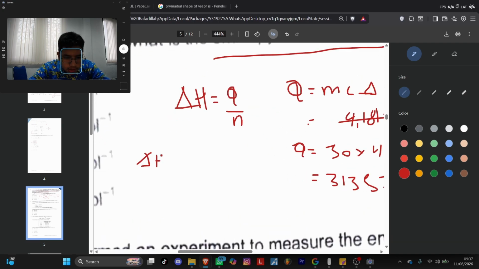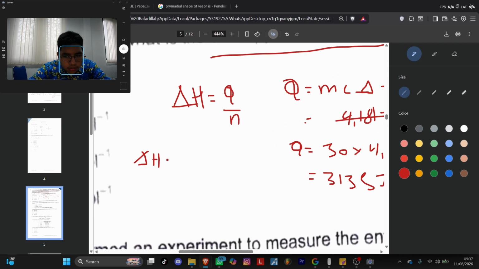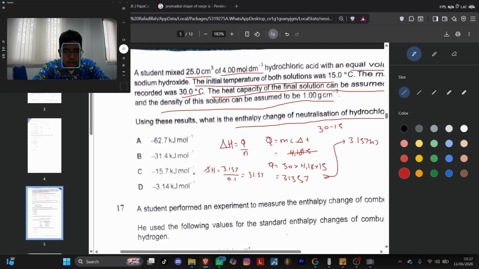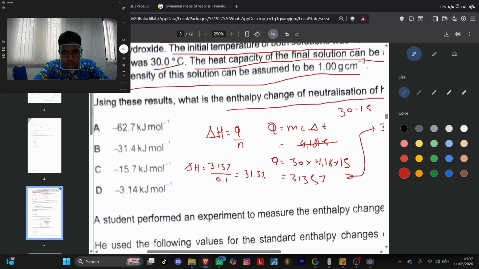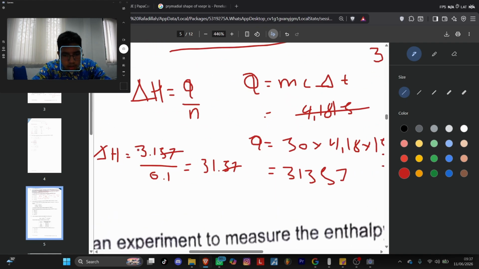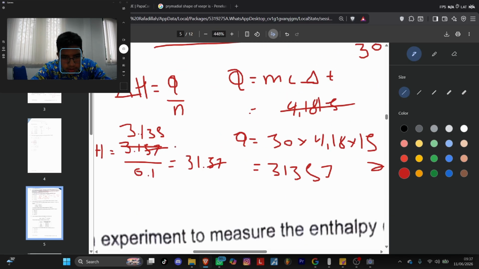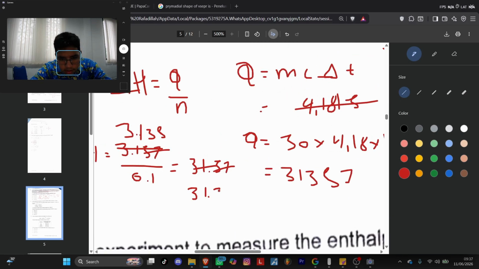The enthalpy change equals to 3.135 divided by 0.1, which we can simplify to 31.35.